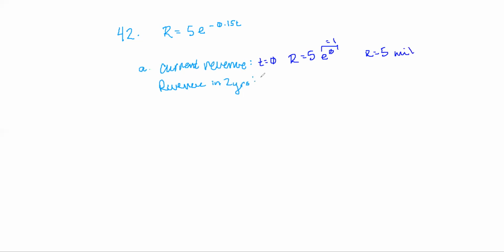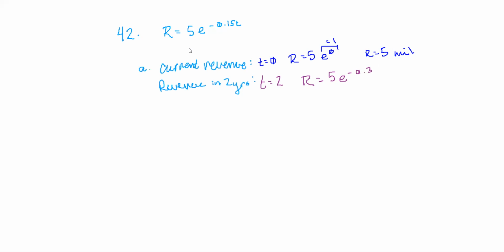What about in 2 years? Well, t is measured in years, so t is equal to 2 now. Now we have R is equal to 5 e to the 2 times negative 0.15, so that's going to be negative 0.3. Then I can simplify this using a calculator. Let me plug it in really fast.